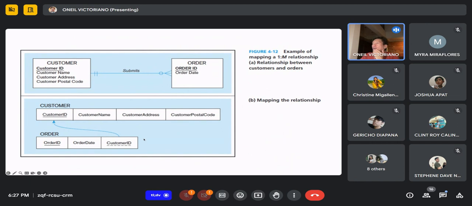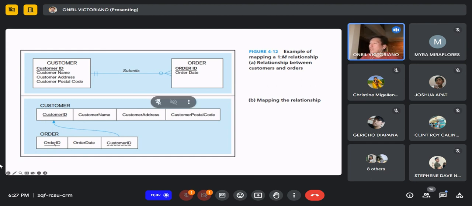So also here you have mapping of the fields from the customer and then from the order. The customer would have a PK like customer ID, customer name, customer address and customer postal code, connected over the customer ID with the order ID here. No?